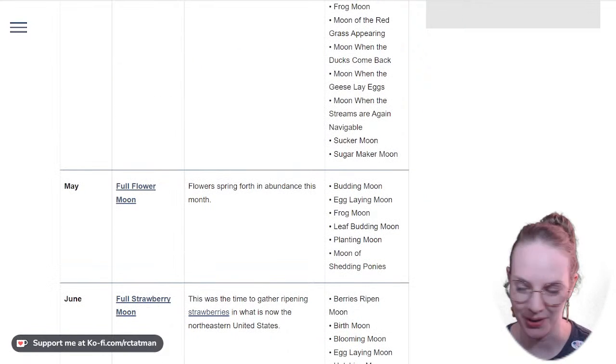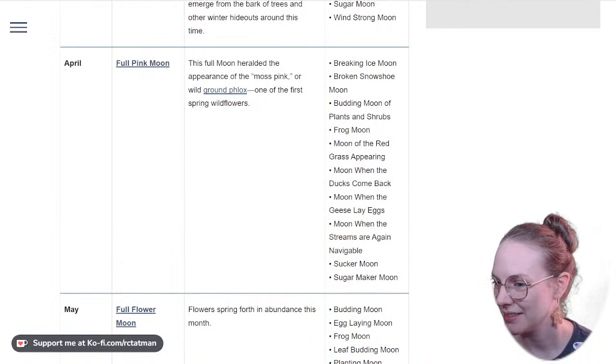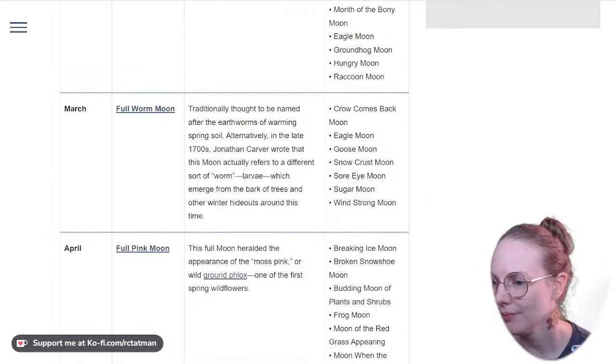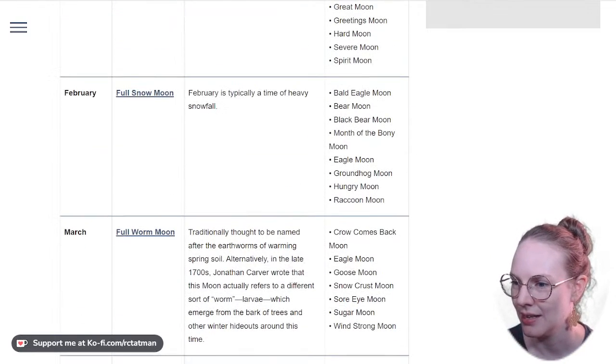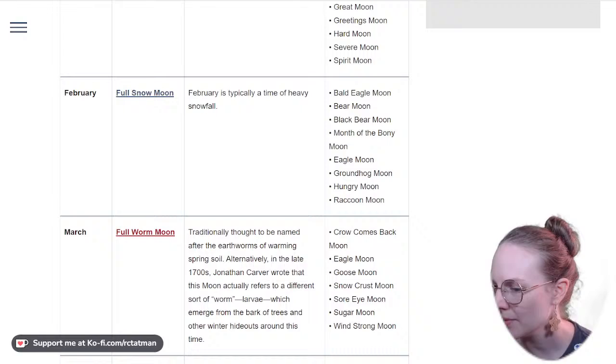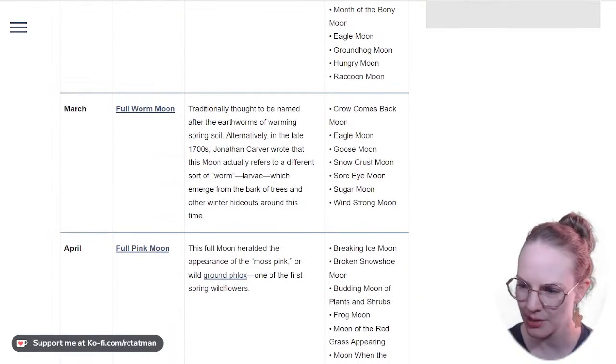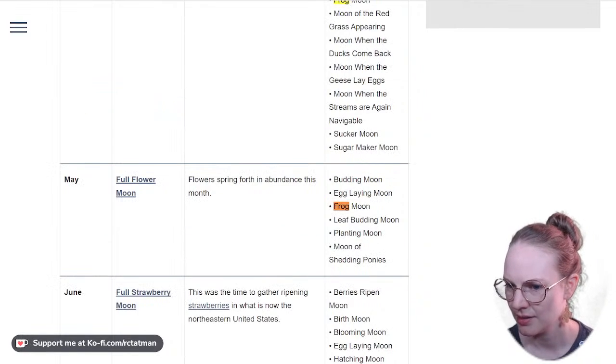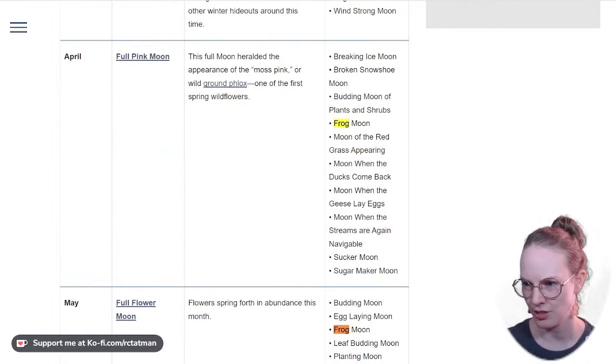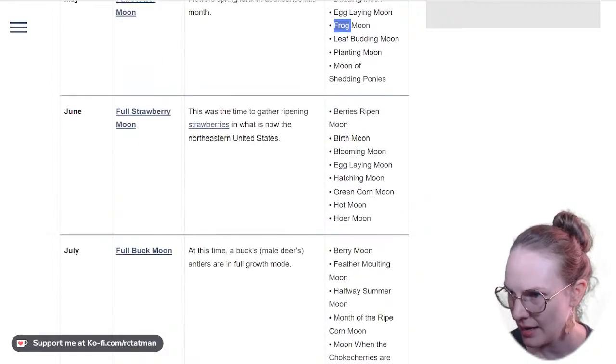Corn is extremely important. No arguing that. Or like the worm there. Okay, February. We talked about frogs. There were a couple frog moons, right? Okay, yeah, so these are next to each other, April and May.